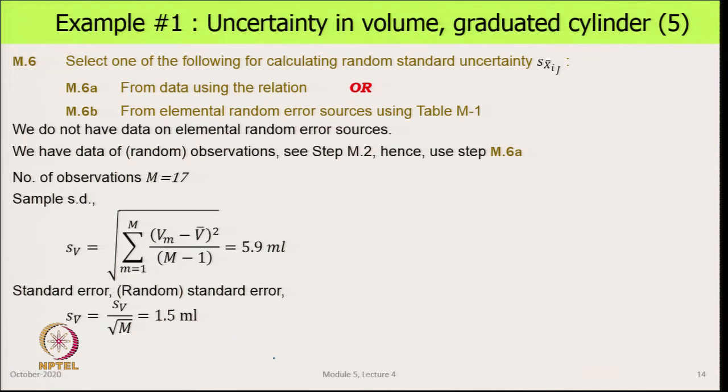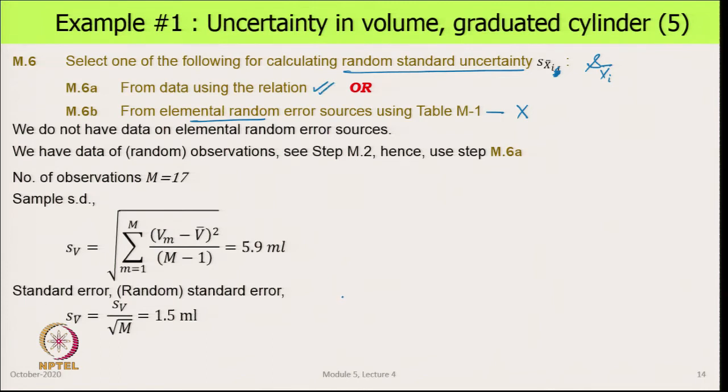Next, we decide how to calculate the random standard uncertainty x I bar. J is not there. We had the option of either using data or going via the elemental random error sources. We do not have this, but we have lots of measurements which we have taken. So, we are here.